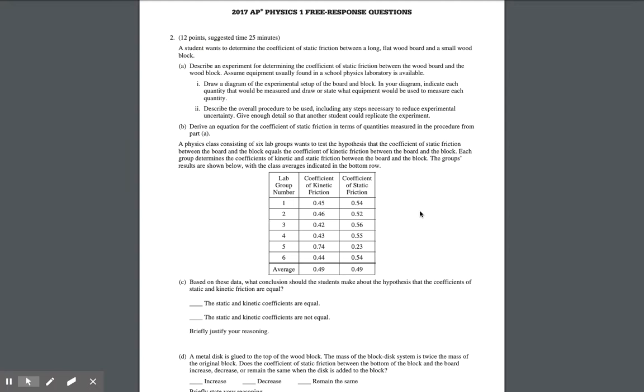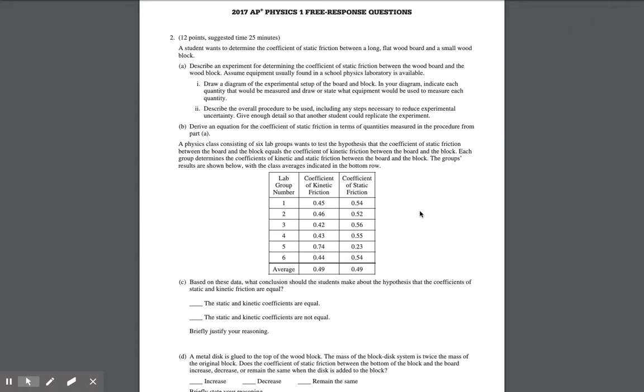Okay, so part A, II, describe the overall procedure to be used, including any steps necessary to reduce experimental uncertainty. Give enough details so that another student can replicate the experiment. So basically, you're drawing a diagram, labeling the parts, creating a procedure. Step 1, gather these materials.